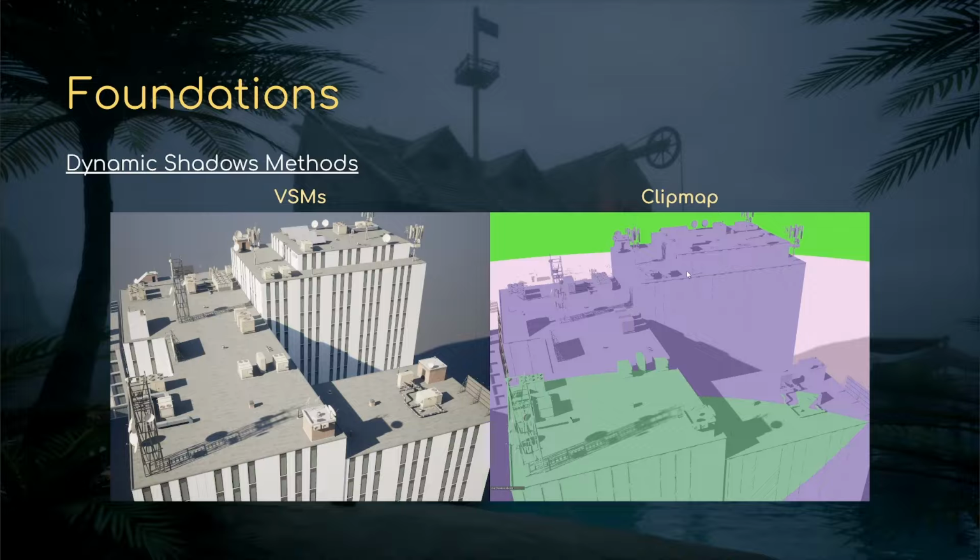Purple one is the second one, and so on. This is similar to cascade shadow maps, but it's much higher resolution and a much finer gradient, so you can barely tell that you are going from one clip map to the next one, while in cascade shadow maps, it's really clear when you are crossing the line.